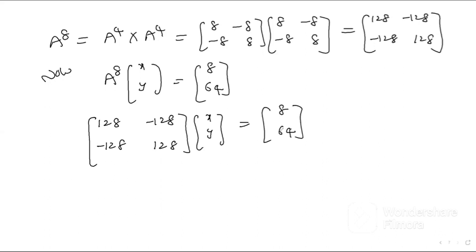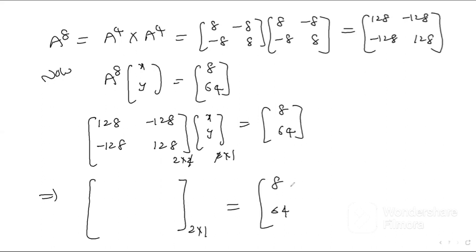So now we should multiply these two matrices. First, the order of this matrix is 2 by 2, and here 2 by 1. If the number of columns in the first matrix equals the number of rows in the second matrix, the product is defined. So the order of the resultant matrix is 2 by 1, equal to 8 64, which is also a 2 by 1 matrix.